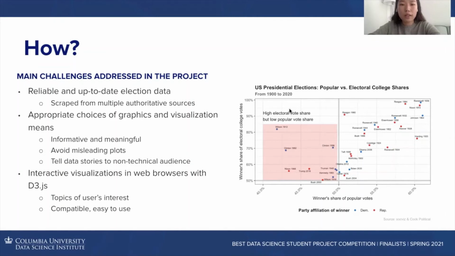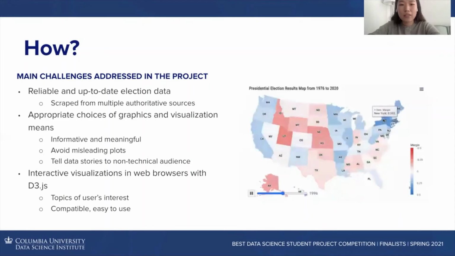Since most of the audience might not have a technical background, keeping the content educational yet entertaining is an issue that we need to take care of. We selected diverse and appropriate graph types to visualize the data. We also added interactive animation components like this to help readers get the concepts more easily.